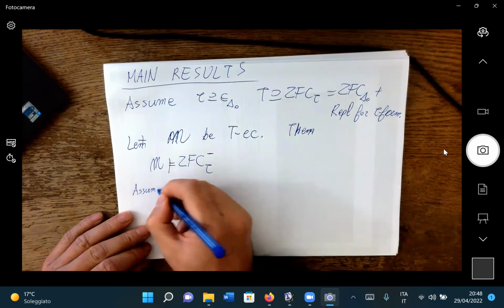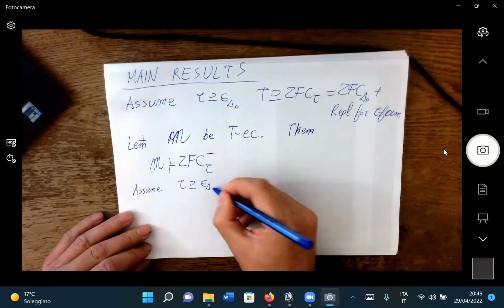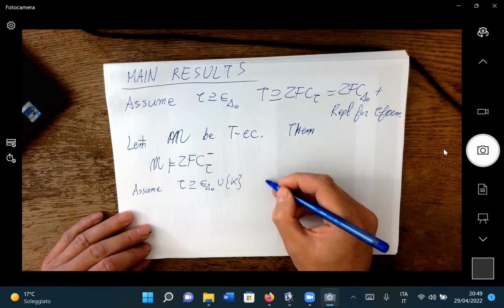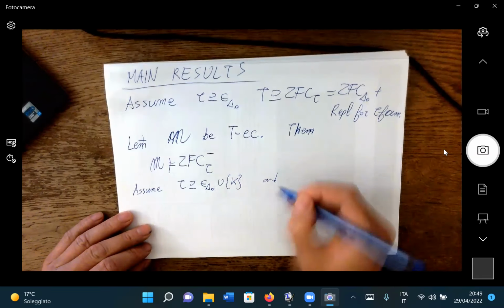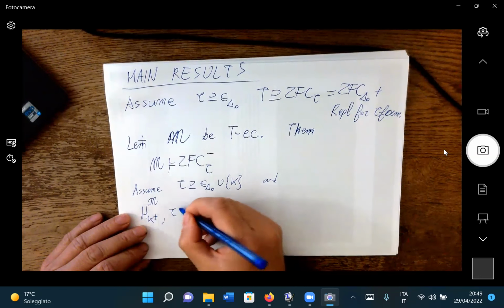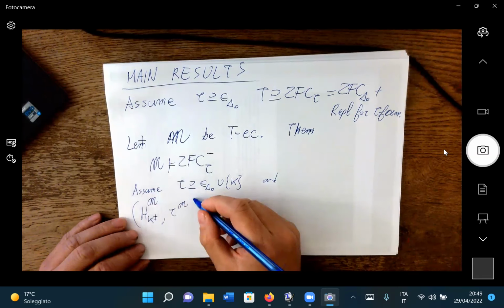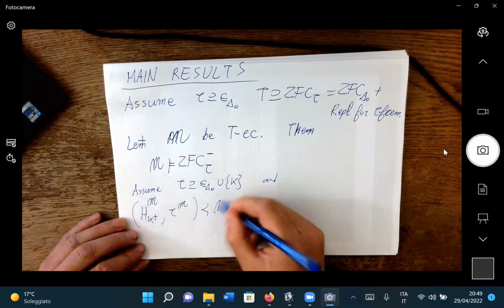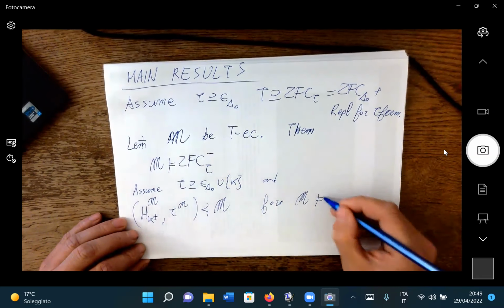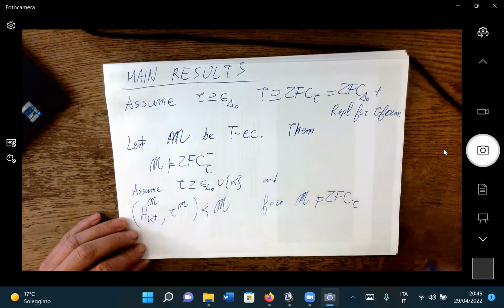Furthermore, assume tau contains epsilon delta 0 union kappa and H kappa plus is a substructure of M tau M. By this I mean the interpretation of tau in H kappa plus is always a substructure of M, for M a model of ZFC tau.